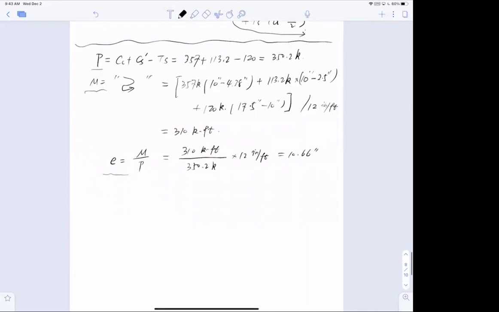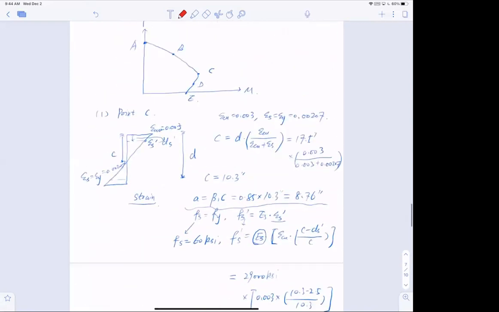At this point, I have point C, which is the balanced failure, and I have an axial force of 350.2 kips, a moment of 310 kip-feet, and an eccentricity of 10.66 inches.